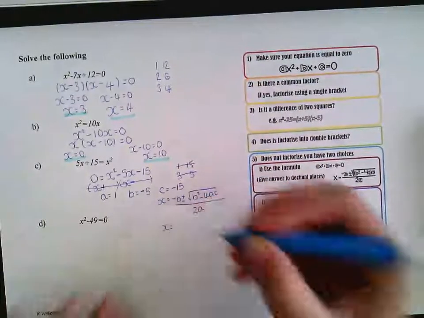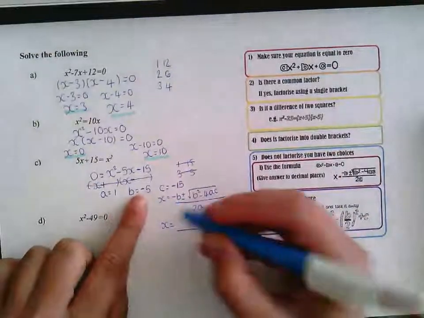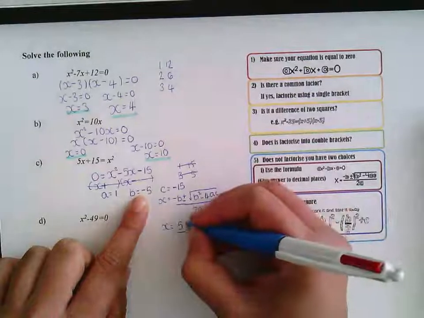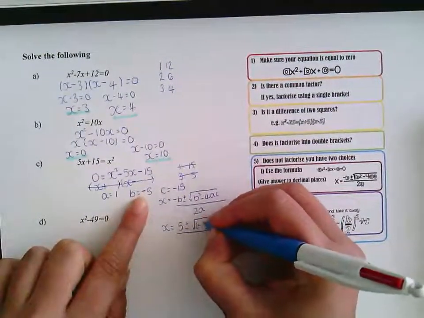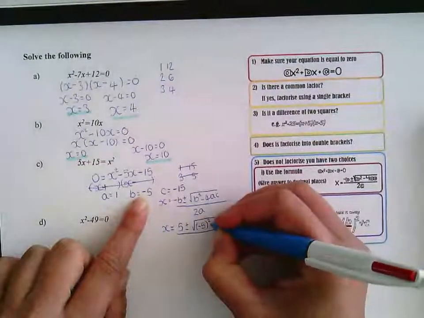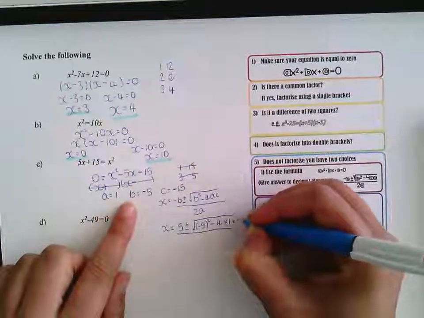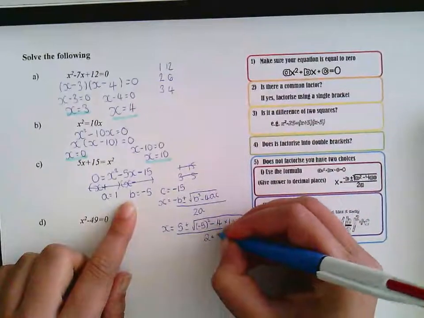So x equals minus b. Now if we remember, that means the b changes sign. Plus or minus the square root of b squared, so this is when I use my brackets with the squared sign out in front, minus 4 times 1 times minus 15, all over 2 times 1.